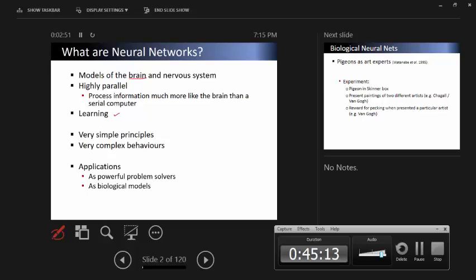and the idea is very simple. Simple principles, but it behaves in a complicated way. Complex behavior, but simple principle.